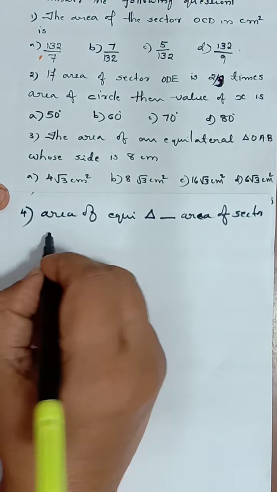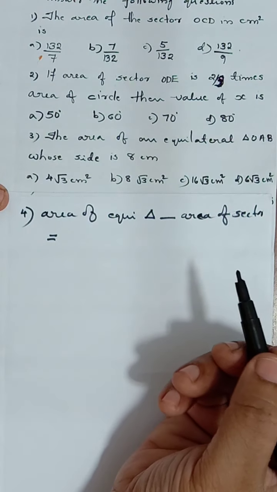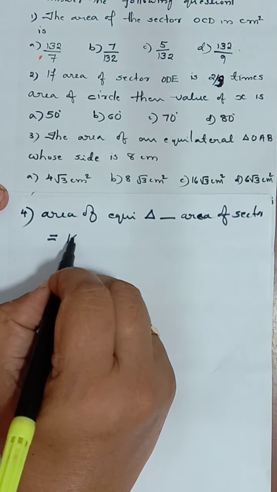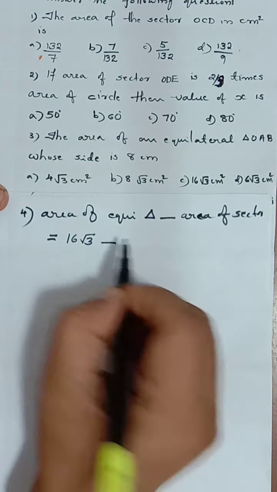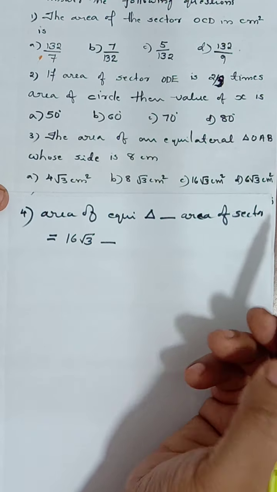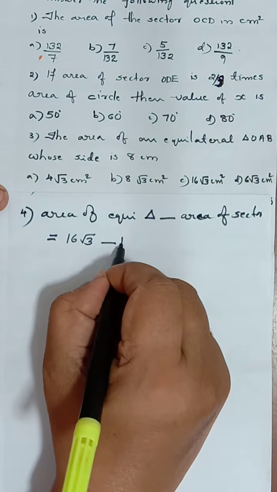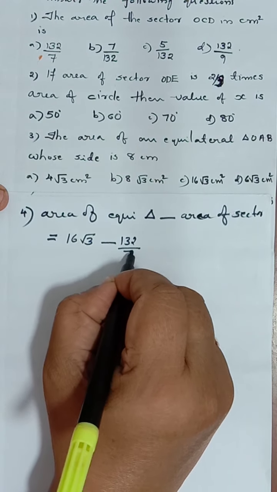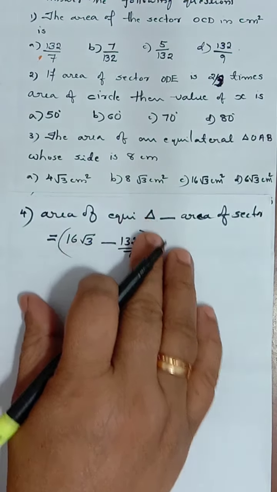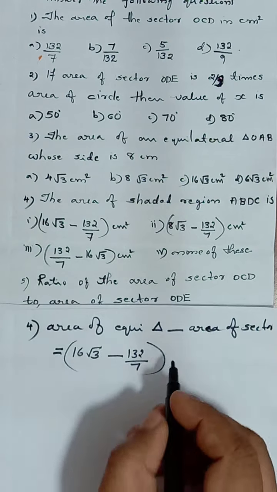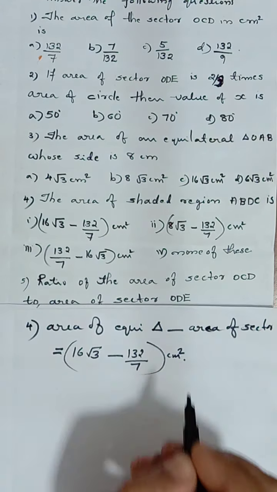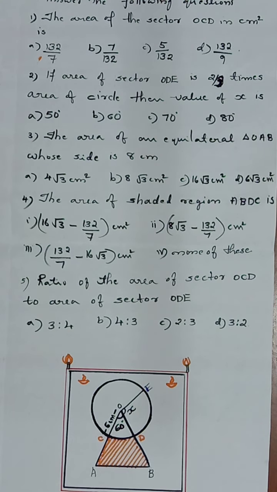Area of equilateral triangle we have 16 root 3 cm square, minus area of sector that comes in the first answer, 132 by 7. Just check the option. Option fourth one, it is so many cm square. Okay, fourth answer also we got. It's very simple. Now we move on to question number 5.